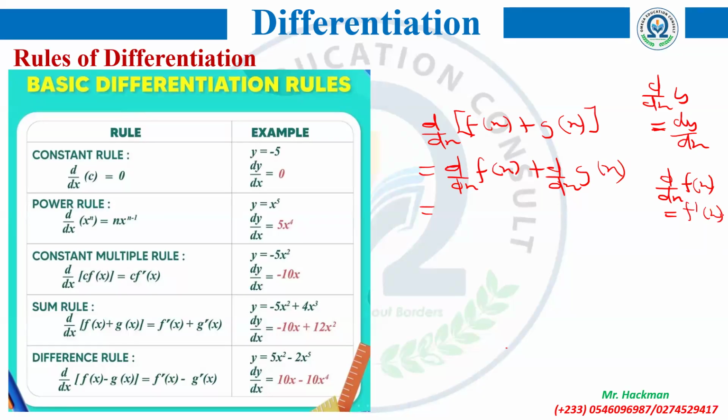It will not be df of x dx, it will be f prime of x. That's the notation. So if I differentiate this, it will give me f prime of x, plus if I differentiate this, that will give me g prime of x.